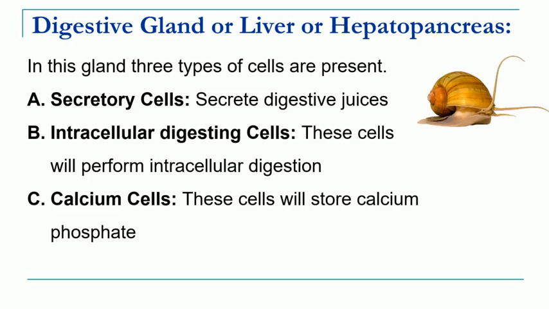So three types of cells are present in the hepatopancreas: secretory cells secreting digestive juices, intracellular digesting cells which perform intracellular digestion, and calcium cells which store calcium phosphate. So we are going to see that in Pila globosa there is a dual type of digestion, that is intracellular as well as extracellular digestion.